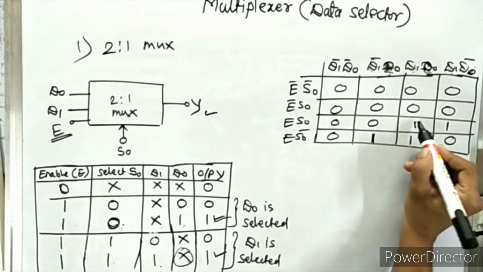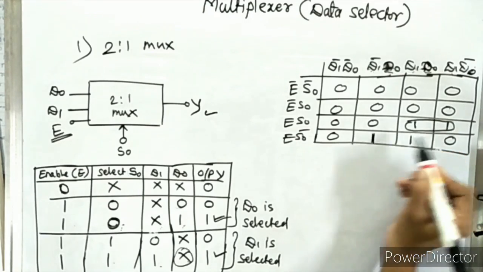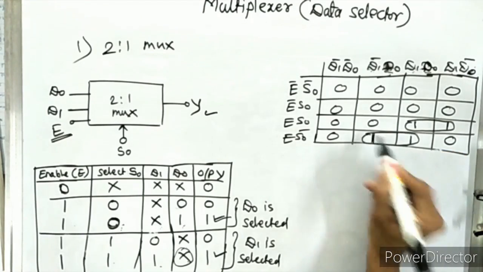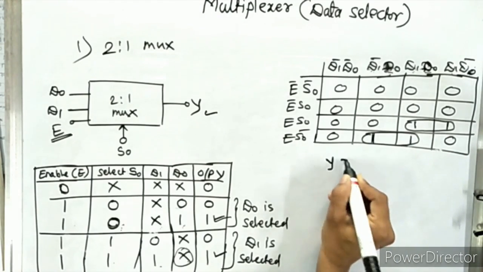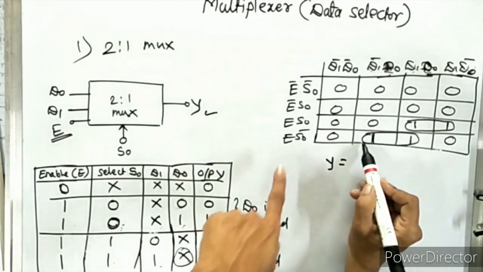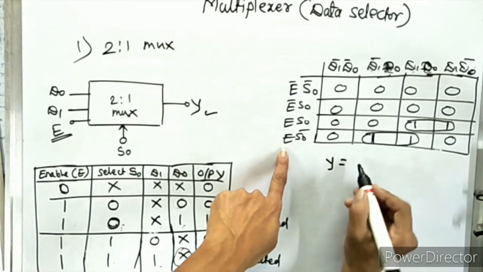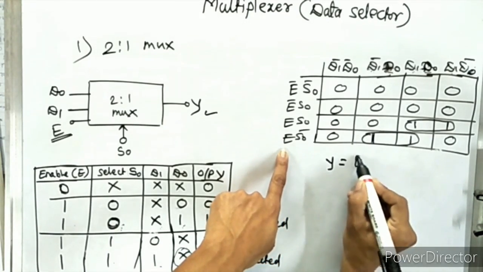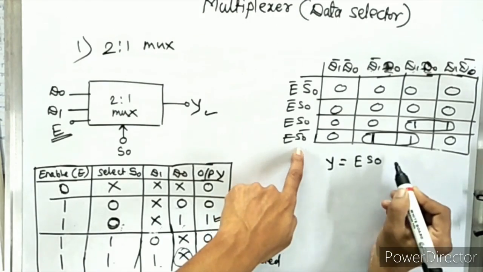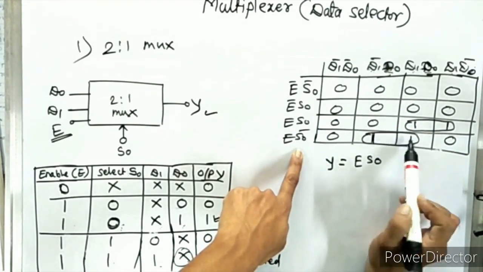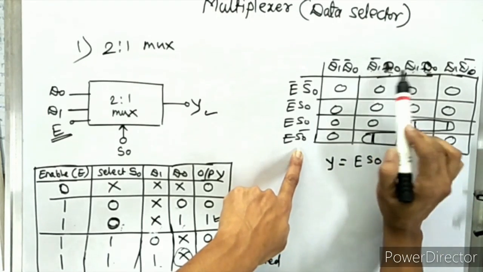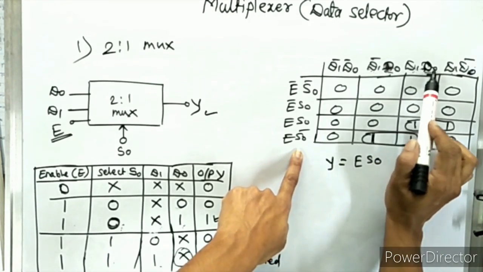Now group. So here we get the first pair and here we get the second pair. So we get the output Y equal to. For this pair, that is E S0 bar, this is constant for both these ones, and check the column here D1 bar D0, D1 D0.